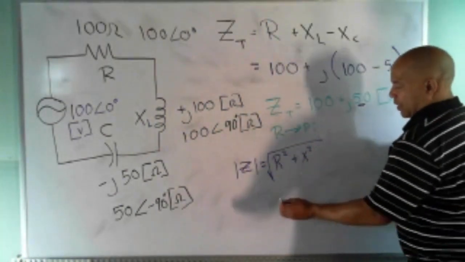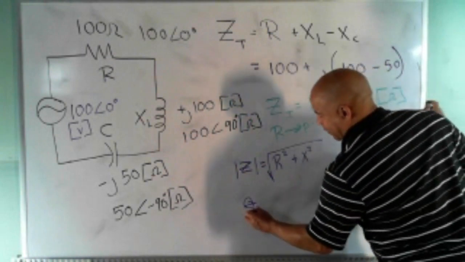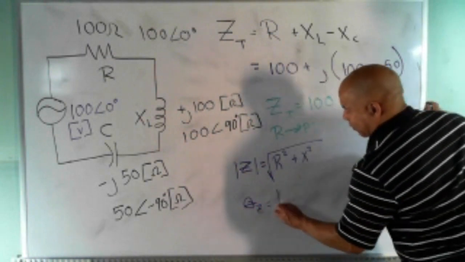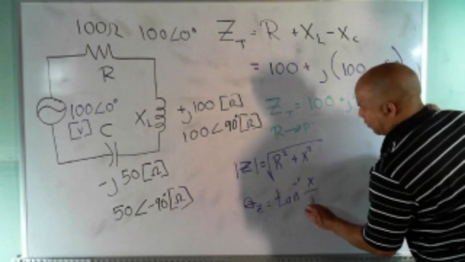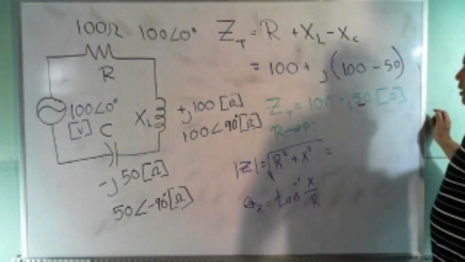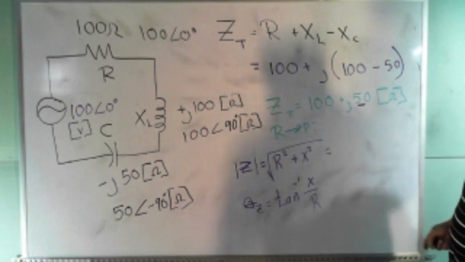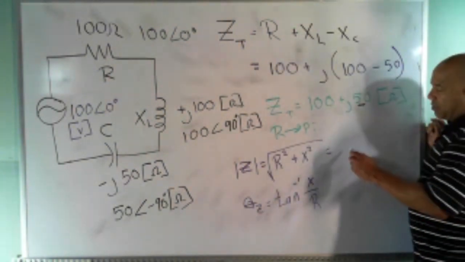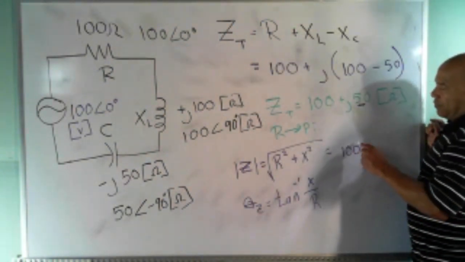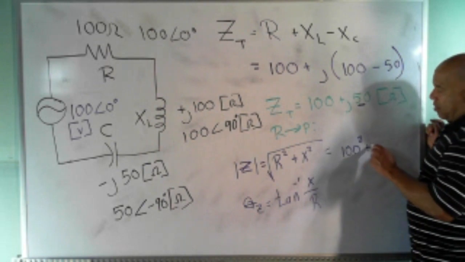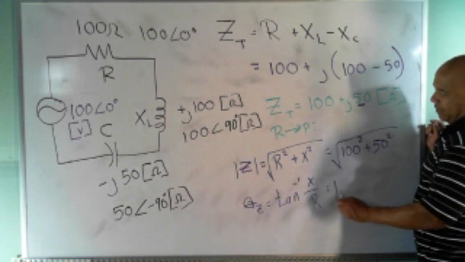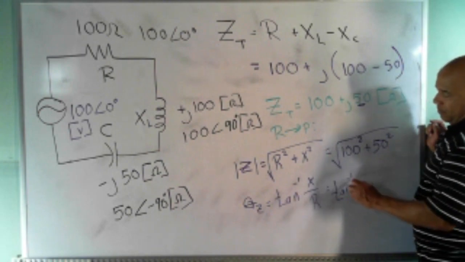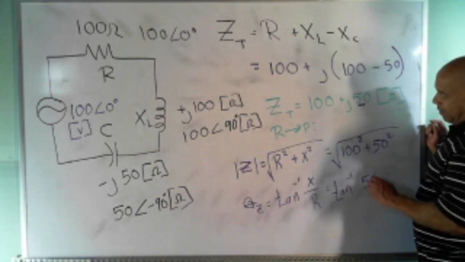And then my theta Z is going to be the inverse tangent of X over R. By now you should probably know this formula. We've talked about it so many times. So I've got 100 squared plus 50 squared, square rooted, and then down here, the inverse tangent of 1/2, 50 over 100.